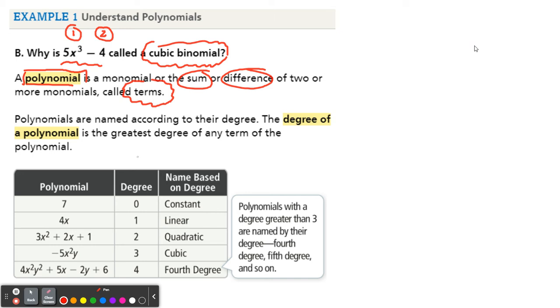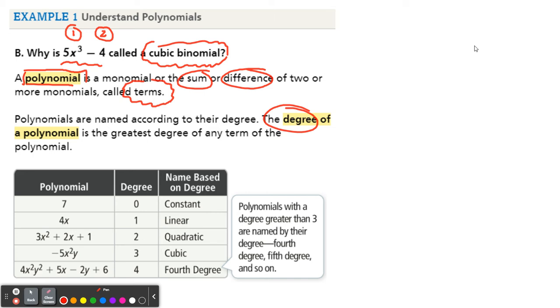Now, you can name polynomials according to the number of terms it has and according to the degree, right? So this box here talks about the degree. Okay? So right here, you have a constant, which is a 0 degree. You have 4x, x to the first, which is a linear 1 degree. You have a quadratic, which is the second power.